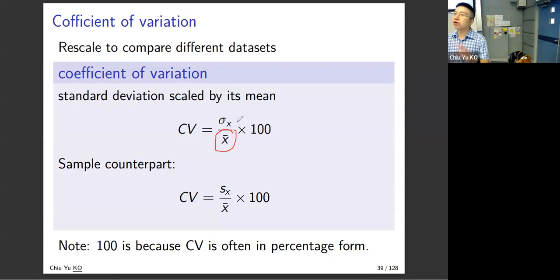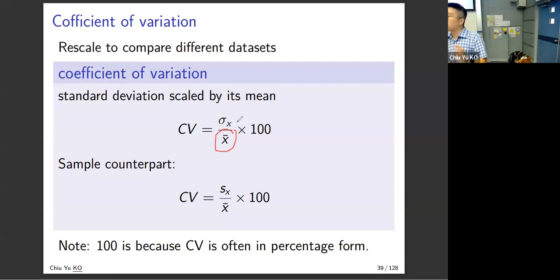We don't have a midterm in this class, but suppose that's the case. By construction, you expect the final to have a higher mean than the midterm because there are more questions in the final. So if you want to say the final has more variance, which you usually expect, then you have to divide by the mean.